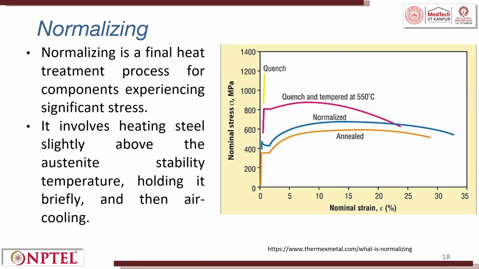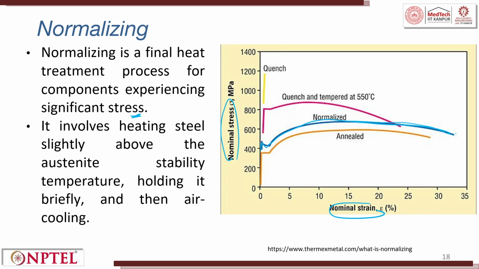Next is normalizing. Normalizing is a final heat treatment process for components experiencing significant stresses. So, this is normalizing, you can see here. Strain and nominal stress. When we do a normalized sample, you get this response. When you see an annealed sample, you get a response like this. In the normalized sample, you see a huge strain.